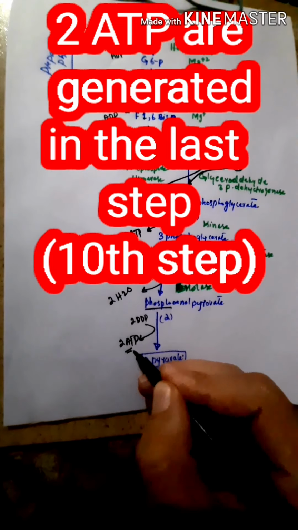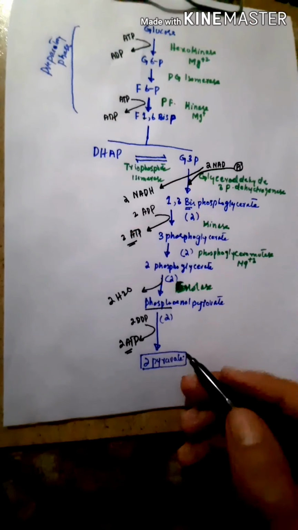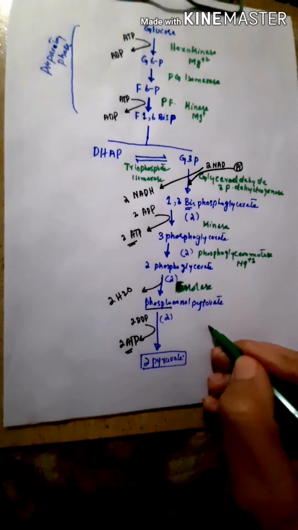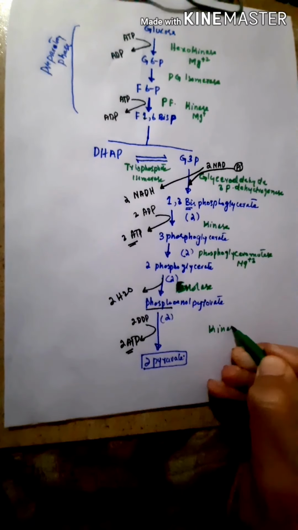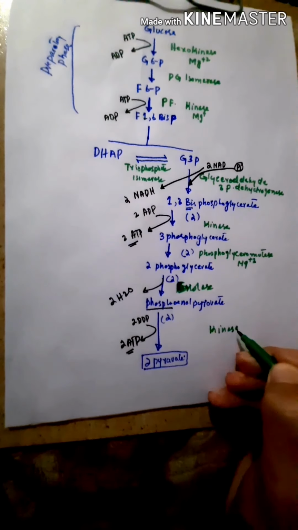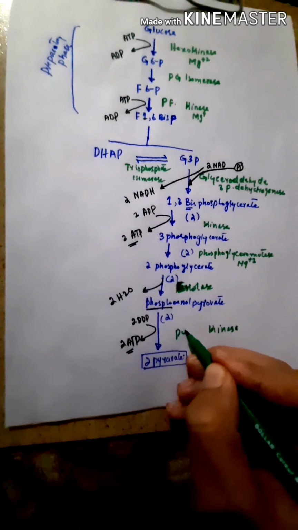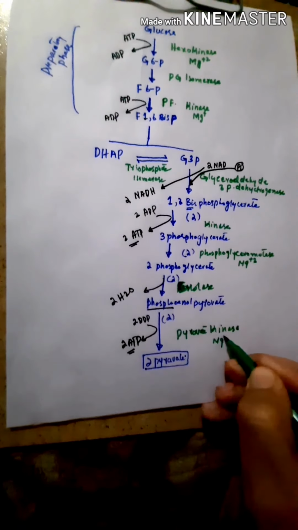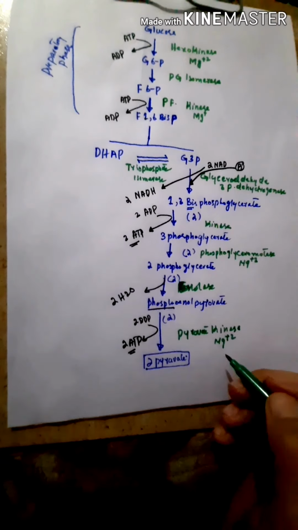So in step number 10, 2 ATP are prepared. And here the enzyme that works is known as kinase, it works on pyruvate molecules. So it is known as pyruvate kinase, in the presence of magnesium ion.